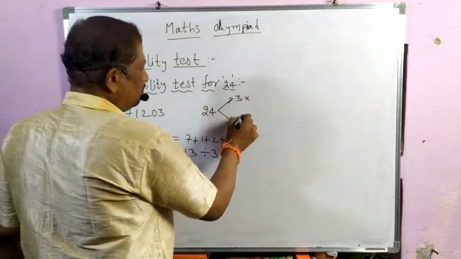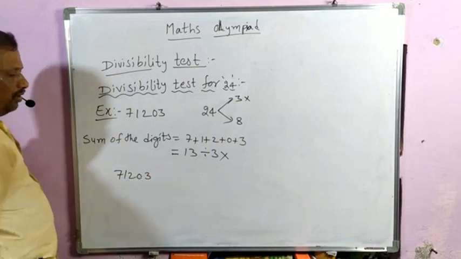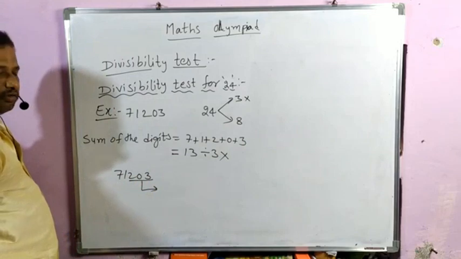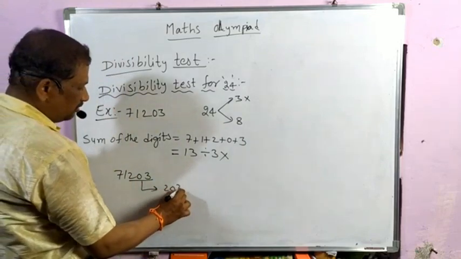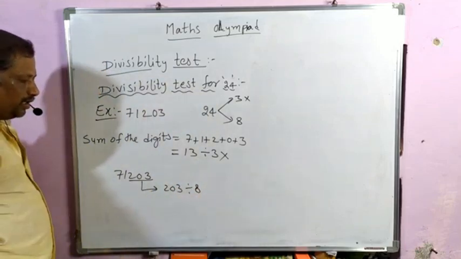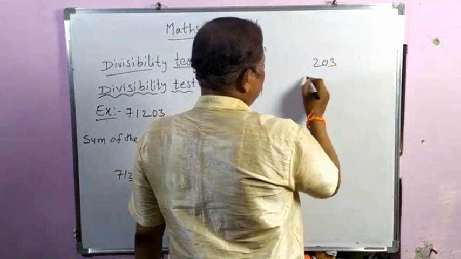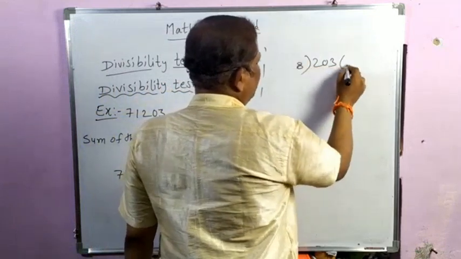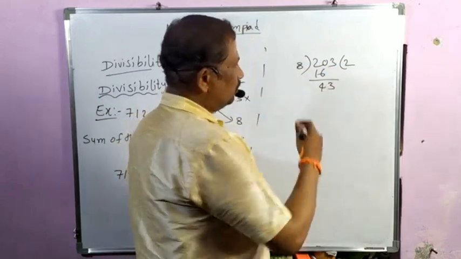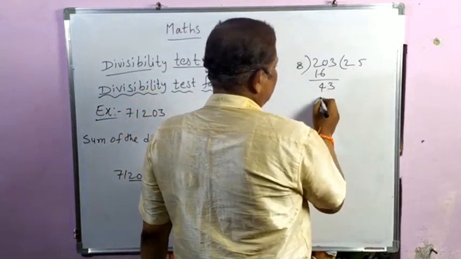Now you have to check the divisibility test for 8. What is the divisibility test for 8? If the last 3 digits are divisible by 8, then it is divisible by 8. What are the last 3 digits? 2 0 3. Check whether it is divisible by 8 or not. 8 2s are 16, 43. So how many times does it go? 8 5s are 40.